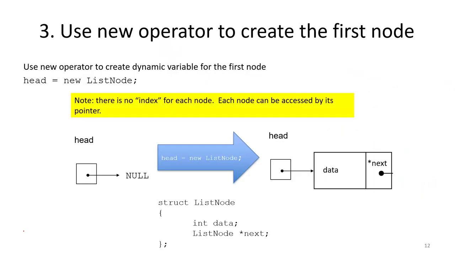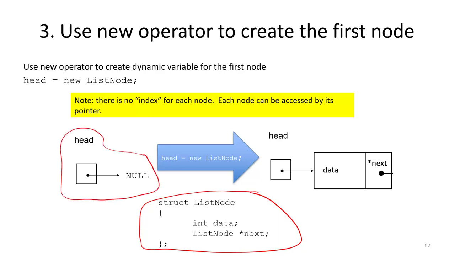All right, so let's take a moment and review what we have so far. Our first step was to declare that listNode struct. Our second step was to declare our head pointer and make it point to null initially.